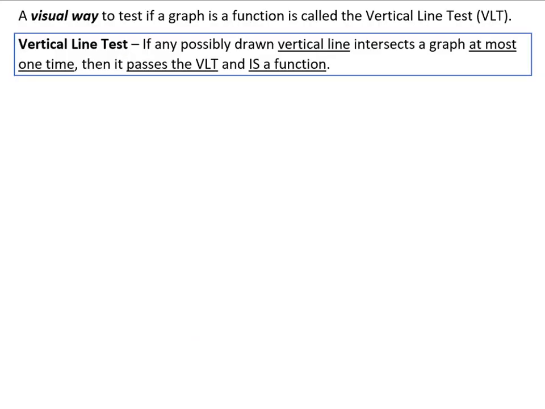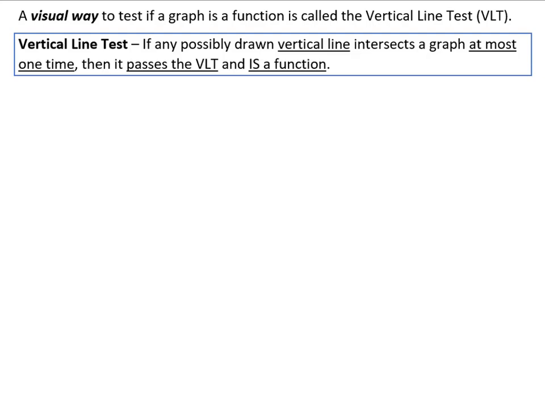Okay, a visual way to determine whether or not something is a function or not. A visual way to test if a graph is a function is called the vertical line test.